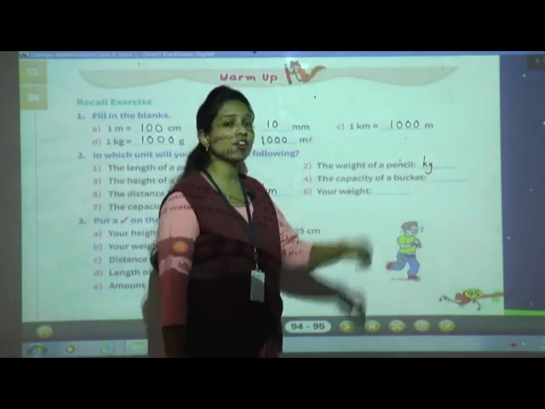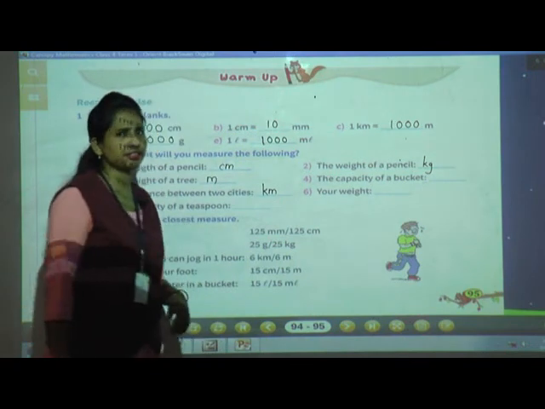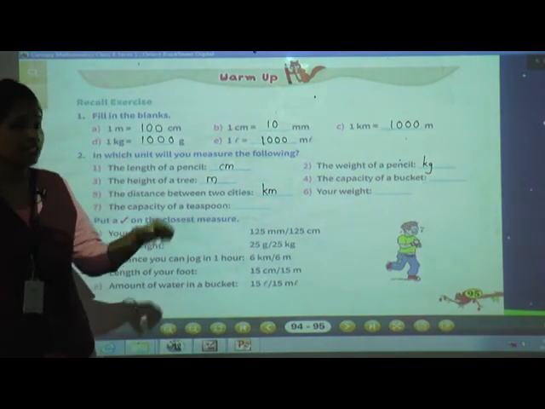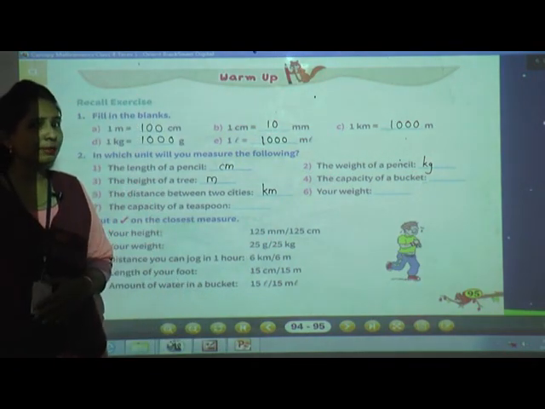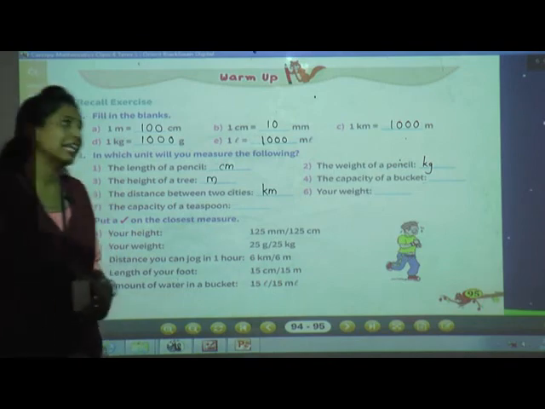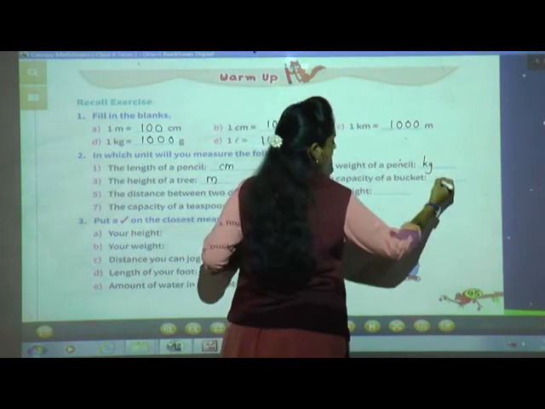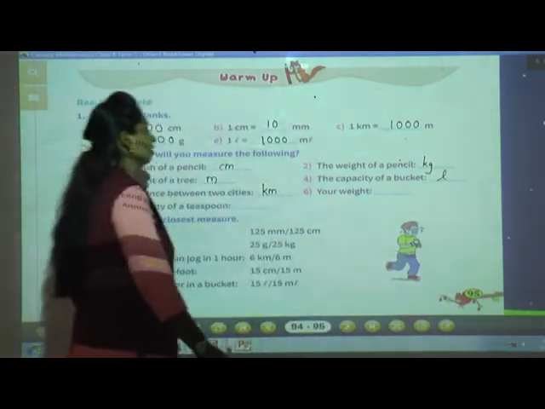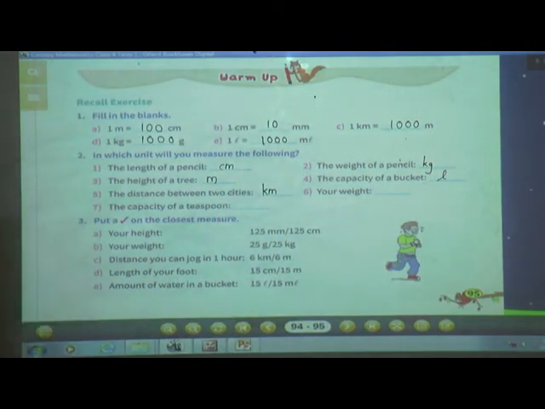Okay, the capacity of the bucket. What is capacity? See, the bucket, what do we fill in the bucket? Water. See, water we measure in liters, isn't it? So we measure in liters. So the remaining two you do on your own.